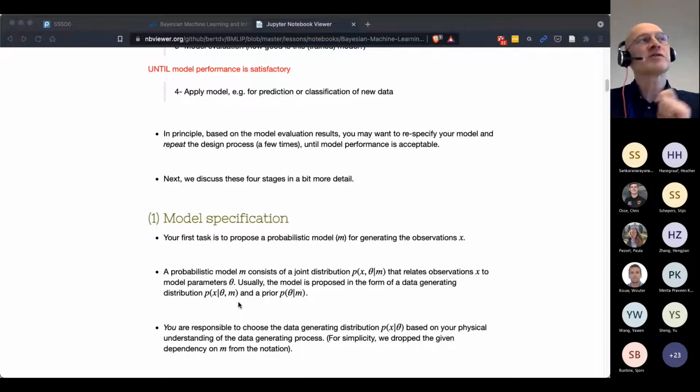And then we also say, and this is really necessary, so what do you really know about proper parameter values? And you specify that in a prior distribution, a probability distribution over your parameters, right? Once you have specified these two probability distributions, then everything from now on is in a sense automated.